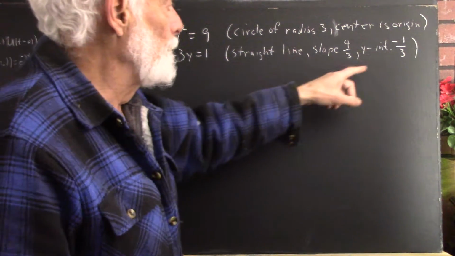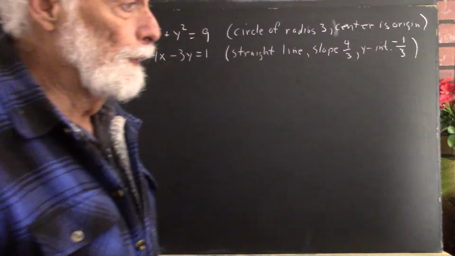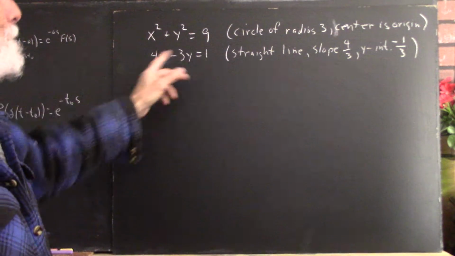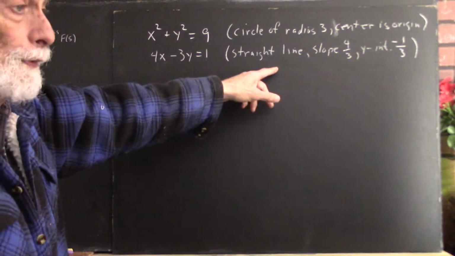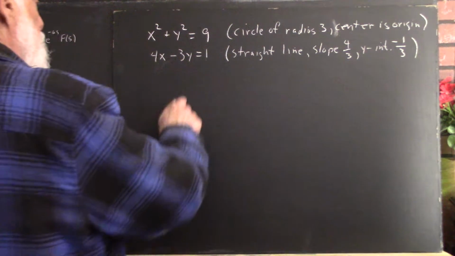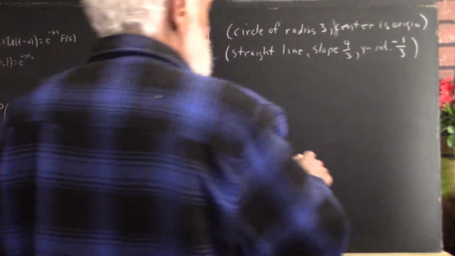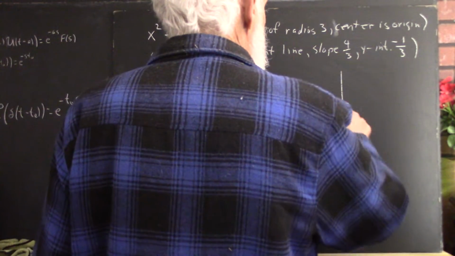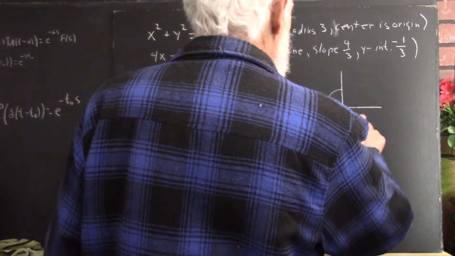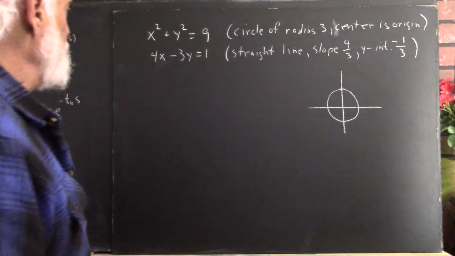Straight line, slope of 4/3, y-intercept negative 1/3. Well, if this is the equation of the line, this is what the line is. We can even sketch the situation. I should have drawn the circle first, but that's not too bad.